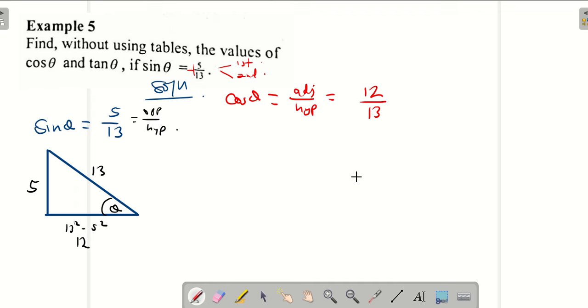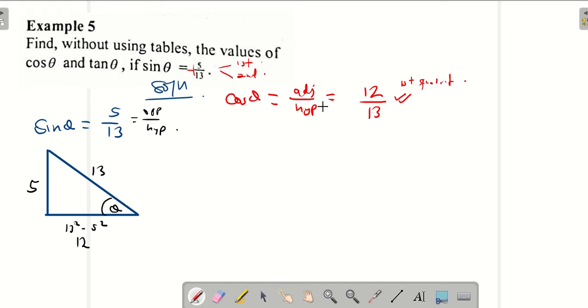So cos theta equal to 12 over 13 is correct when theta is in the first quadrant.